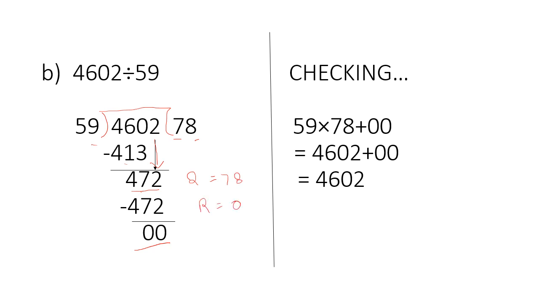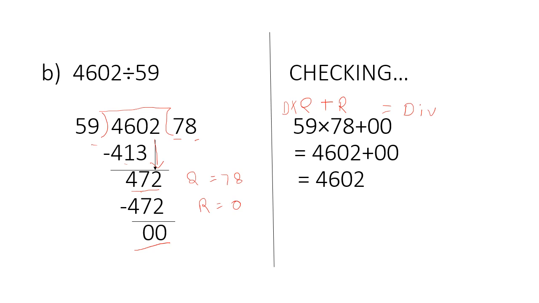Now children, we will check whether our answer is correct or not. I told you that quotient multiplied by divisor plus remainder must be equal to our dividend.